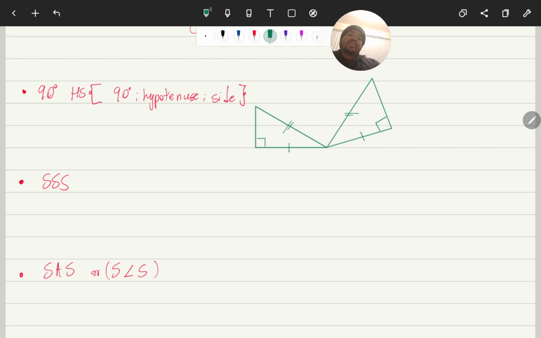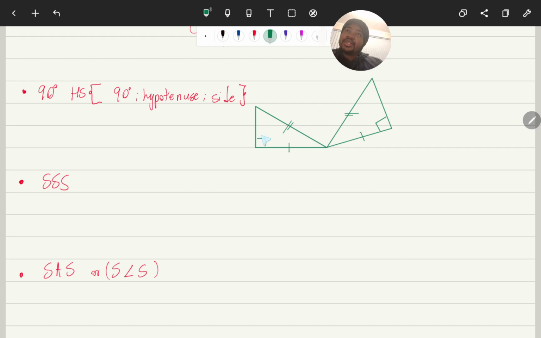Now what we see is that yes, we have a 90-degree angle, which is the 90 here. We have the hypotenuse sides, they are equal. And moving further from the hypotenuse, we talk about one other side. It could be this one or this one, but we just need 2 pairs of sides that are equal.